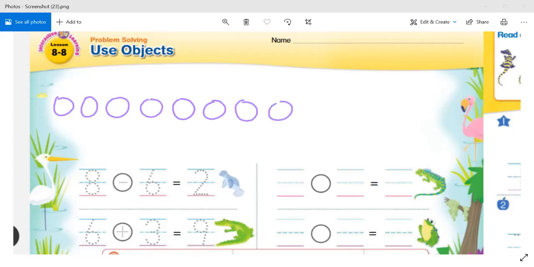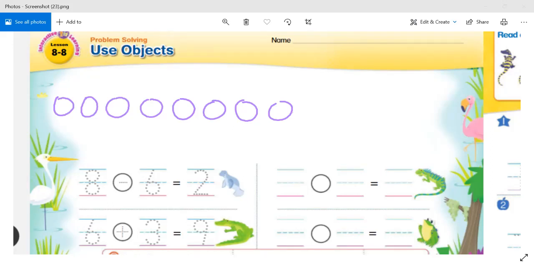What do we want to find out? We want to find out how many manatees are left. Should we join or take away some of these counters? Take away. What words tell you that we should take away counters?